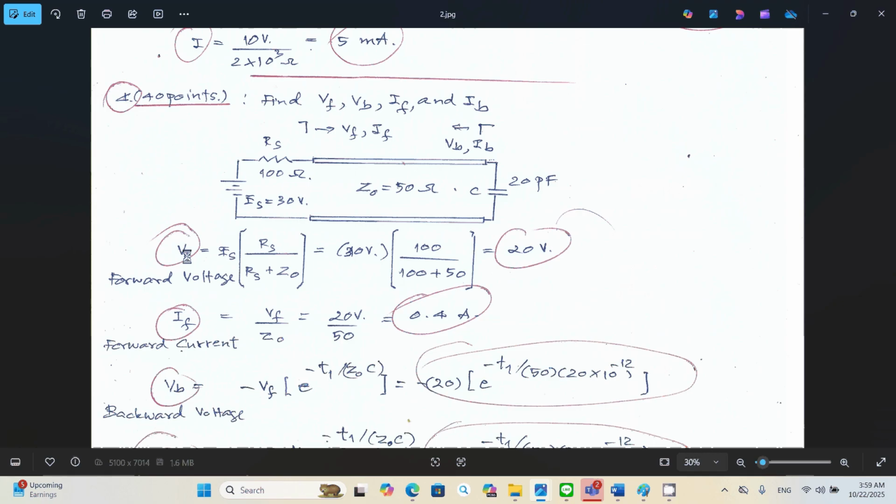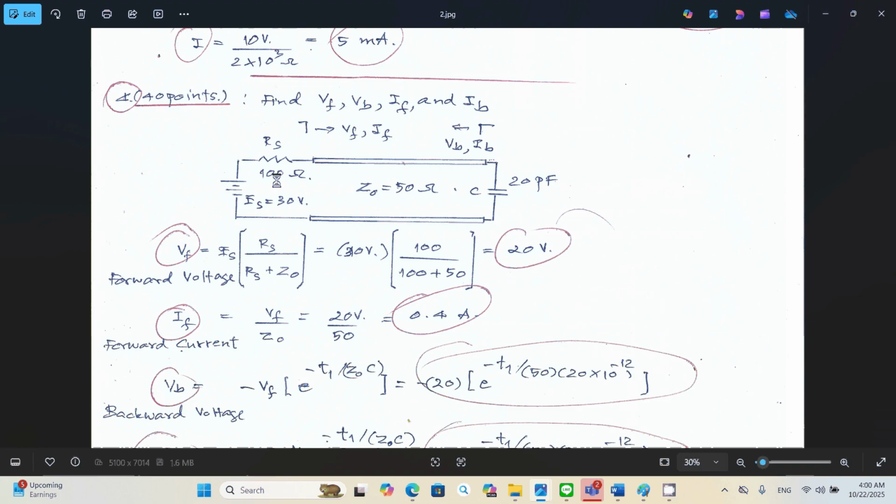Well, first you need to look for the forward voltage VF. You do the voltage divider. By the time the switch is on, the signal hasn't reached the load end yet, so the source simply sees only the source resistance and the characteristic resistance, Z0.